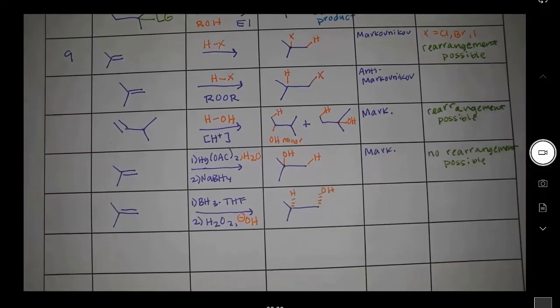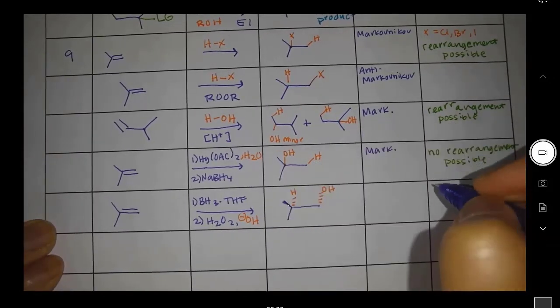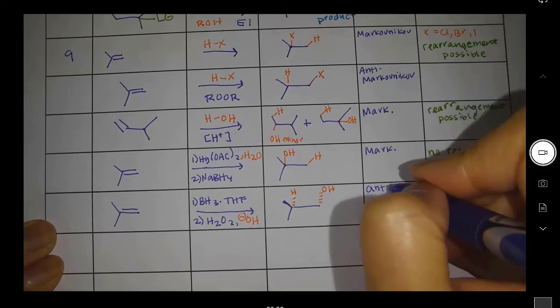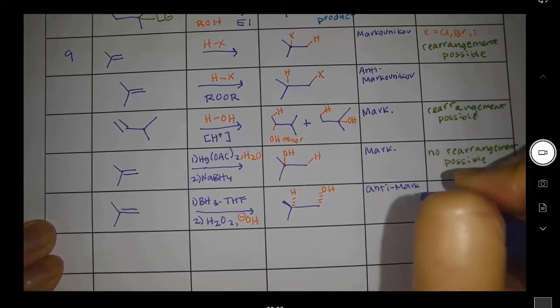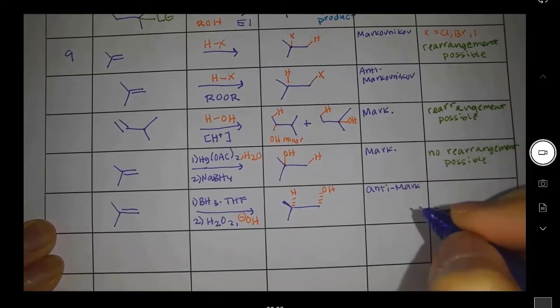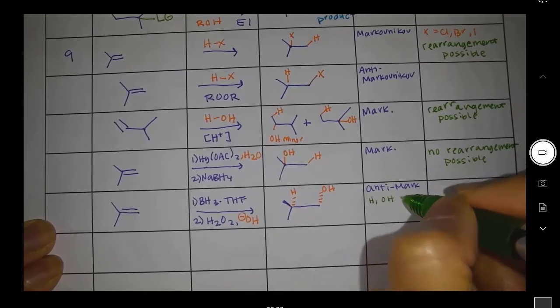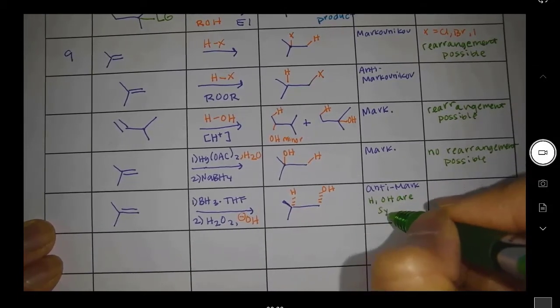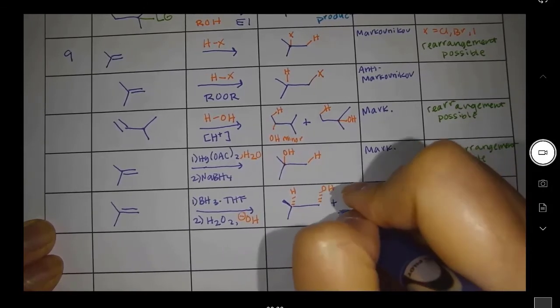The H does anyways. The H and the OH are added on the same side to each other. So this is an anti-Markovnikov. And the H and the OH are syn to each other. So you would get this product plus the enantiomer.